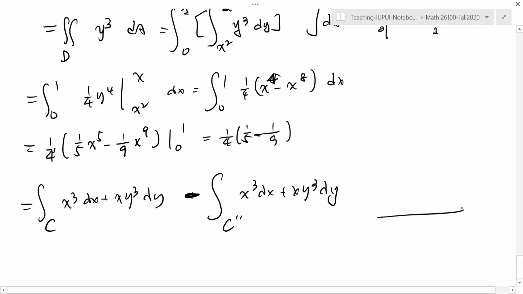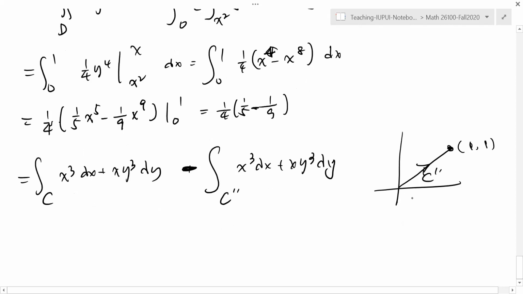What does it mean? That means this will be in that direction. I change the orientation. It's easy to parameterize. For that one, x equals t, y equals t. The parameterization is very simple.